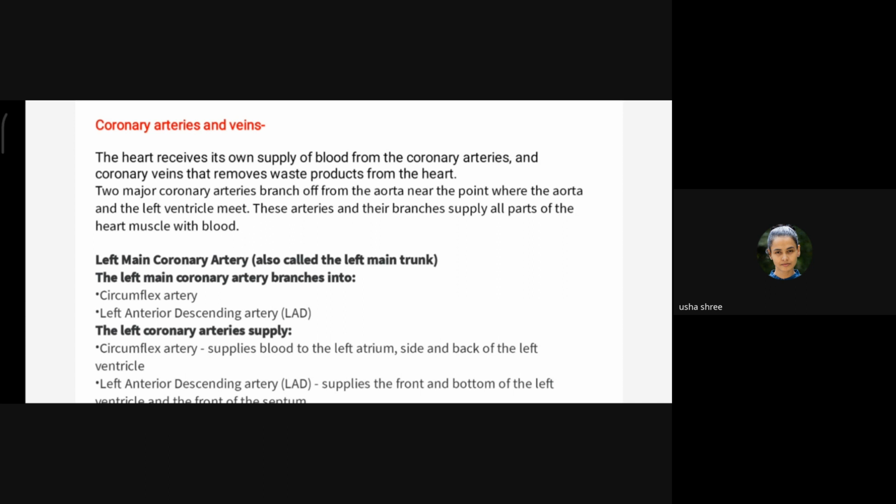Now, two major coronary arteries branch off from the aorta near the point where the aorta and the left ventricle meet. So the branch for the coronary artery separates where the aorta and left ventricle meet.